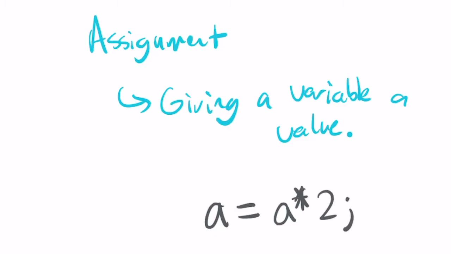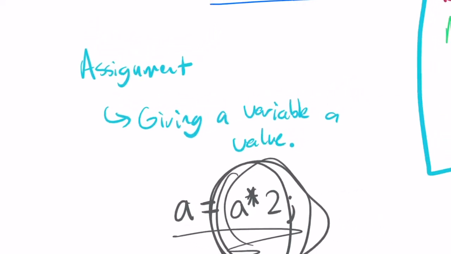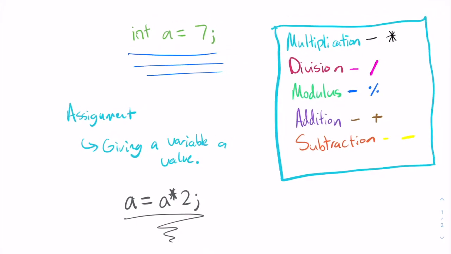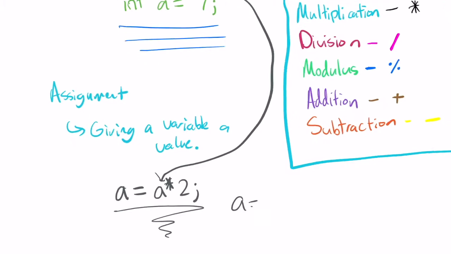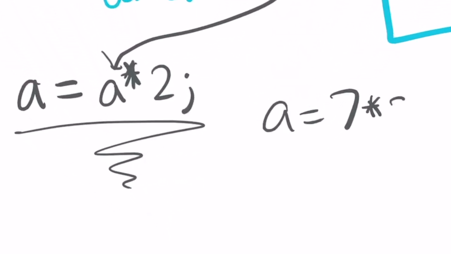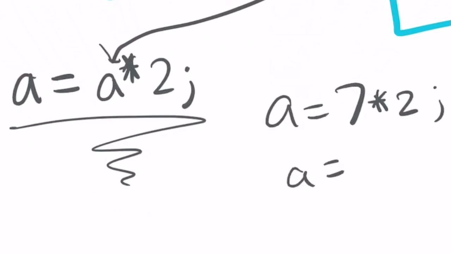This is an asterisk. It's a bit messy, but first, only the right side of the expression is evaluated. So we take whatever a has in its value, 7. That would be a is equal to 7 times 2. So a will equal 14. That's how C++ is going to evaluate that expression.